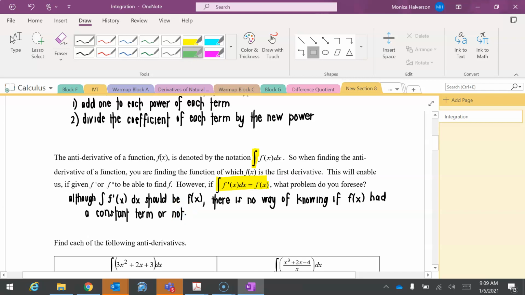And that's because, remember, the derivative of a constant is 0. So, because of that, we need to recognize that when you're taking the antiderivative of the first derivative, it equals the original function plus c. And c represents an unknown constant.